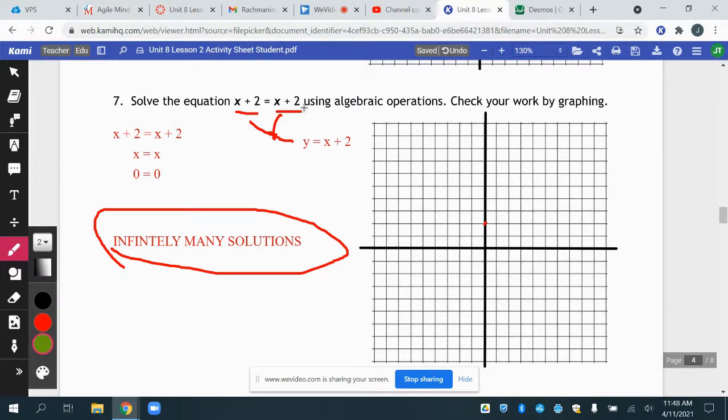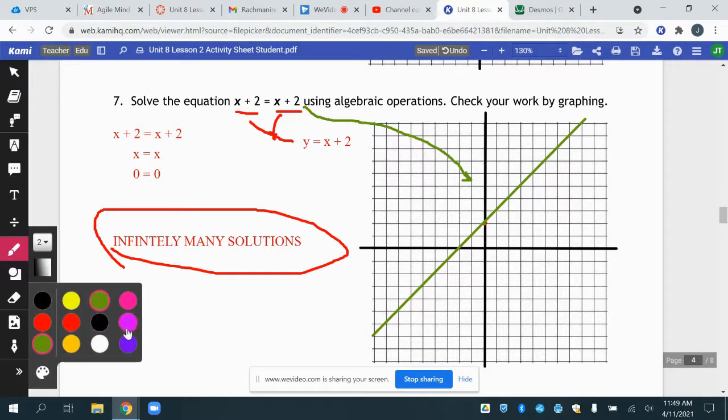So kind of here's what's going on, just to be very clear. I'm going to graph 1 in green. And I'll graph another one in, I don't know, purple.